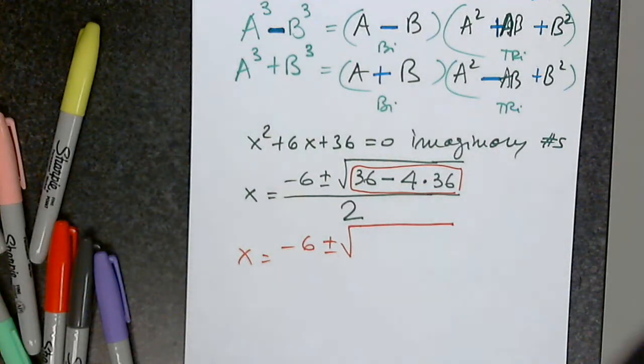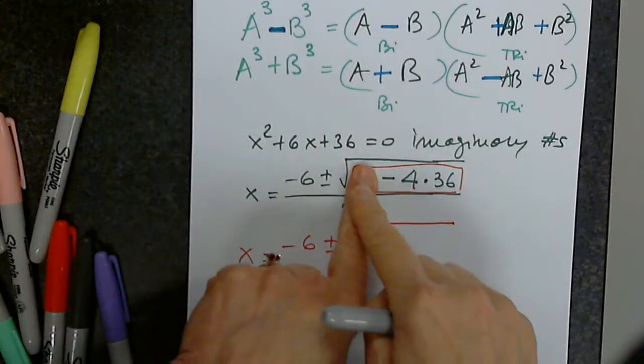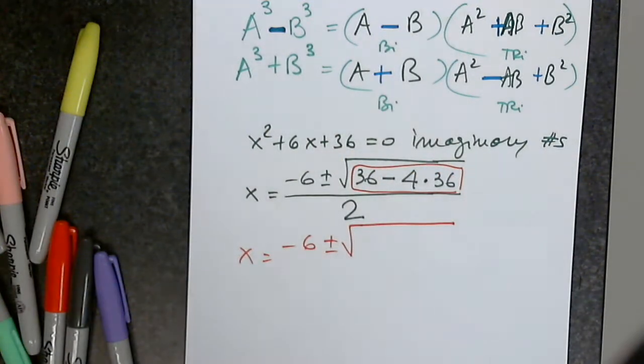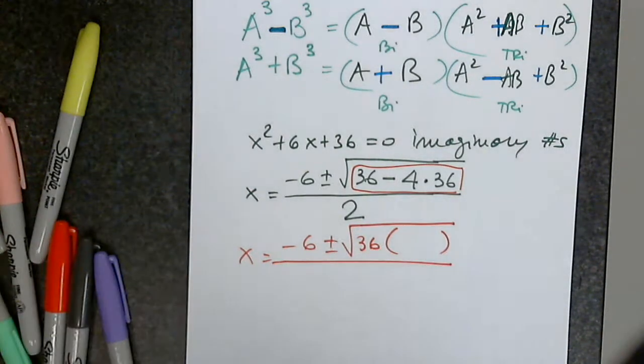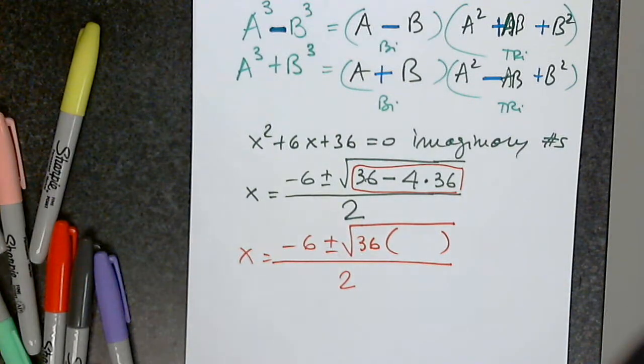What will I factor out from these two terms? This is one term and this is the other. 36. What do I leave in parentheses and how many terms do I have to have in parentheses? 2 terms because I started with 2 terms. What is left from the first term?